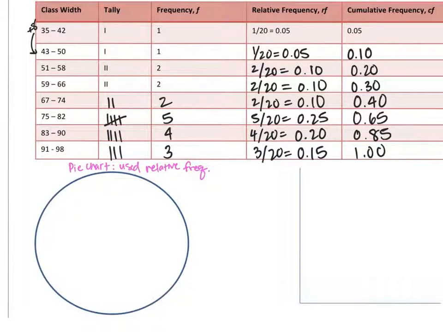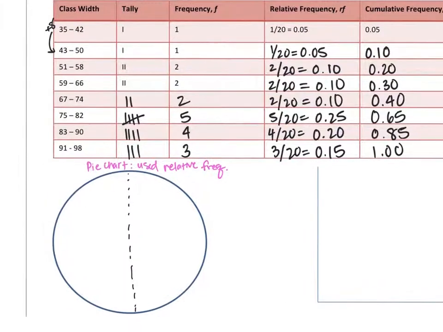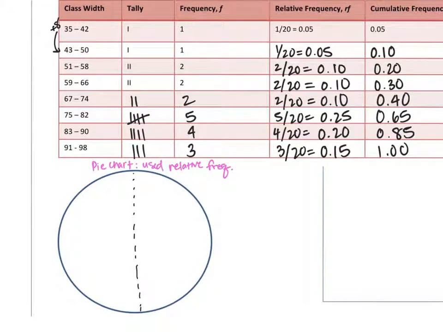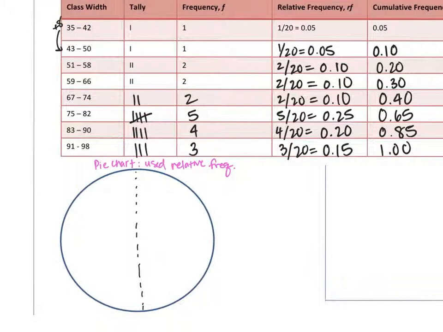So one that I really like to use is cutting it into fourths. So cutting it basically up and down and then sideways so that each piece is worth about 25%, right?